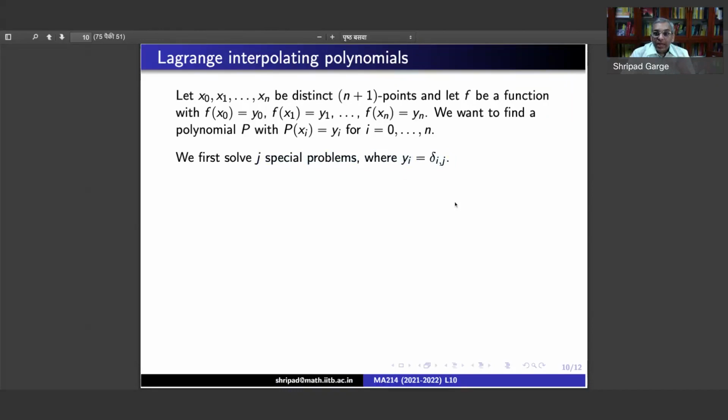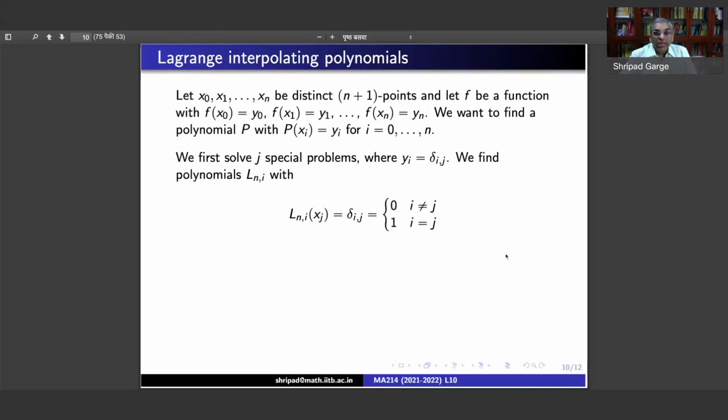Okay, where yi are delta ij. So delta ij is the Kronecker delta function, which has the property that delta i comma j has the value 1 when i is j and otherwise it has the value 0.